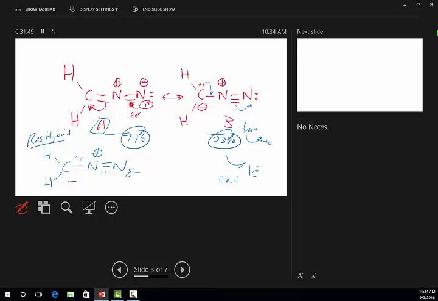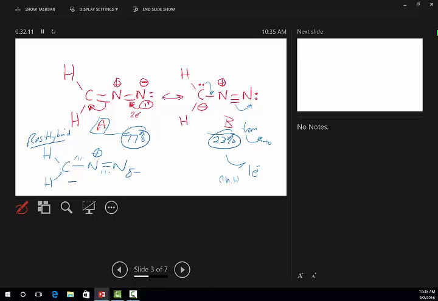Do we draw resonance structures that don't have completed octets? Yes, we will draw perfectly valid resonance structures that have incomplete octets.